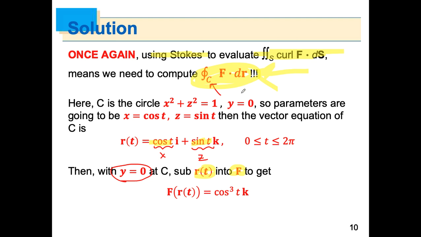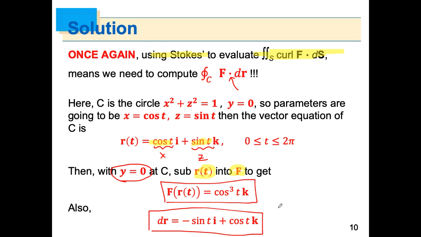Well, as I mentioned before, not only do I need my vector field in terms of the position vector r, we also need to take the derivative of r. And so the derivative of r in this case is obviously going to be negative sine t i plus cosine t k. And then, of course, we're going to dot product these two items.